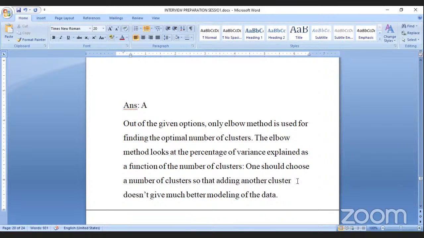Only one. Okay, once you're done, you can move to the next question. Very few are remaining. Others, friends, all. Very good. Okay, let's move to the next question.